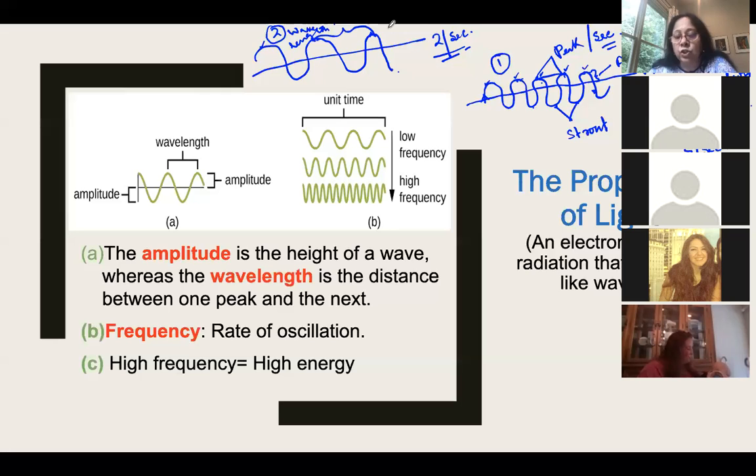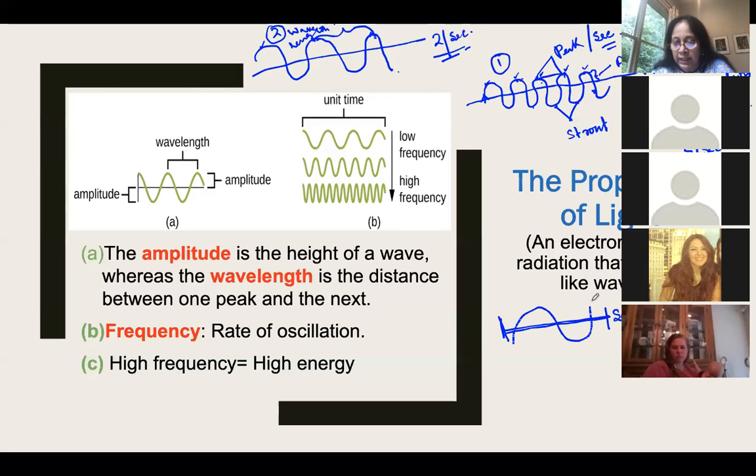So the wavelength is much higher. In a second, the light can only cover this much distance, from here to here. Now the wavelength means the distance between the peaks, so the wavelength is much higher.